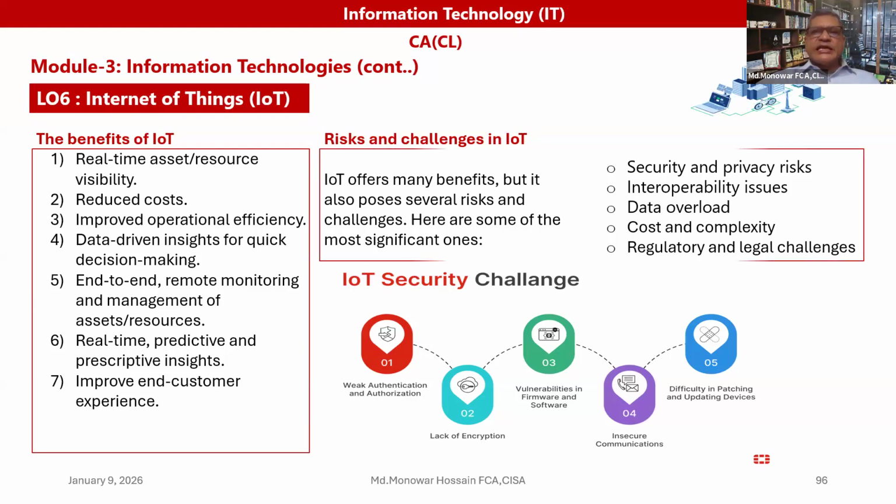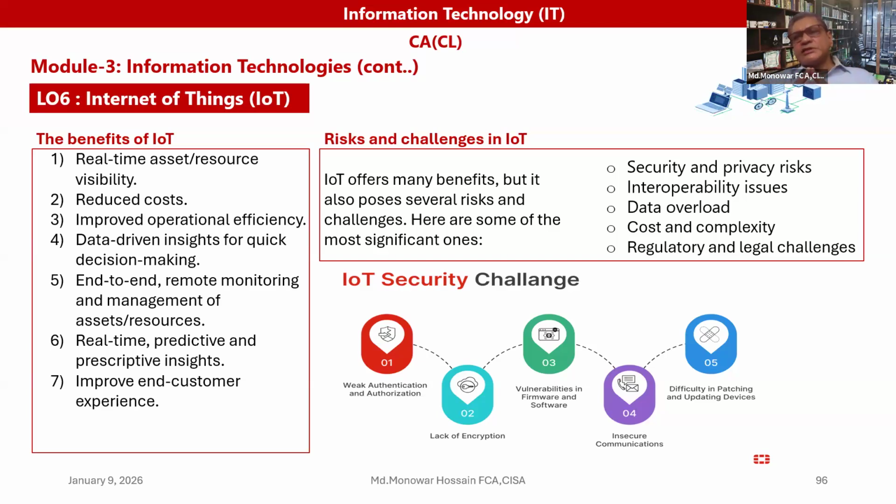It has risks and challenges also. IoT offers many benefits, but it also has several risks and challenges. Those risks and challenges, we can say, are security and privacy risks. Interoperability issues: if any device cannot communicate with another device, or there is no interoperability, IoT cannot work here.